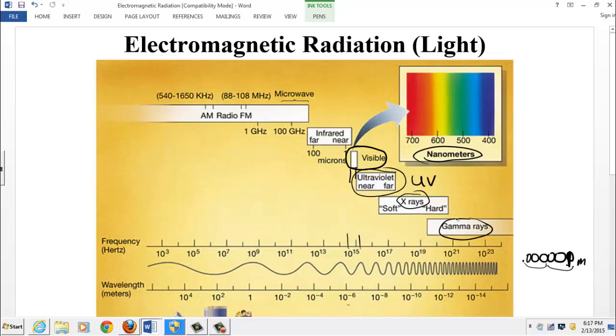If we go the other direction, to weaker, less energetic light, we have infrared light, IR light. That's just below the range of the red. Why is that? Well, as you look at visible light, the shorter wavelengths, 400 is shorter than 700. That means 400 is faster moving, higher frequency. That carries more energy.